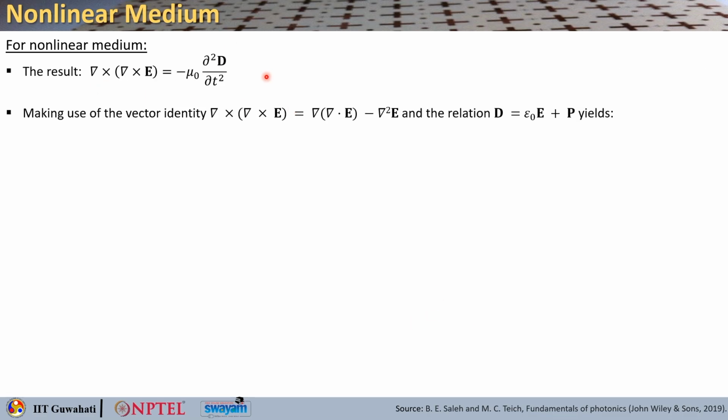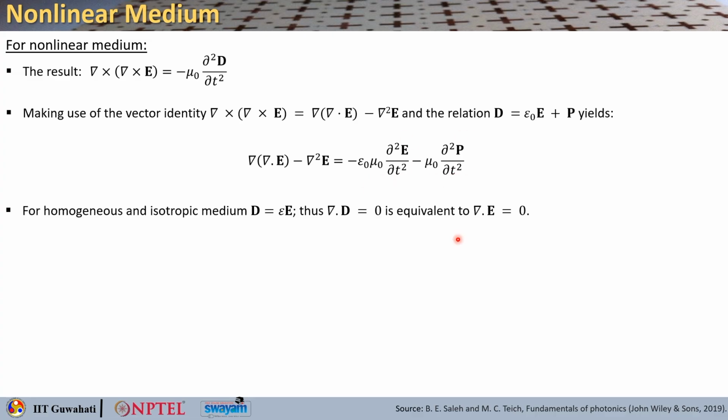Then you use this particular vector identity, that curl curl of E is nothing but gradient of divergence of E minus Laplacian of E, and then you have this relation that you already know, D equals epsilon naught E plus P. When you put this together, you get the left hand side, and this becomes minus epsilon naught mu naught dou square E dou t square minus mu naught dou square P dou t square.